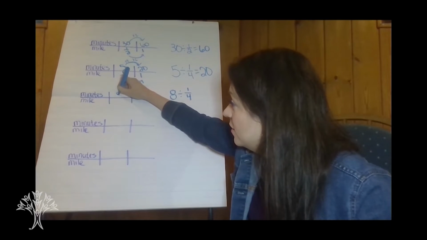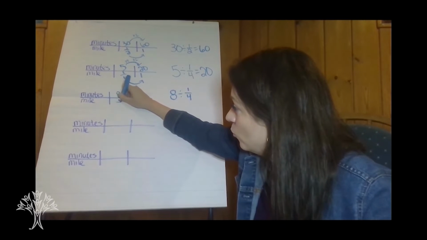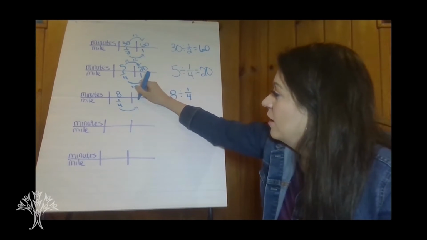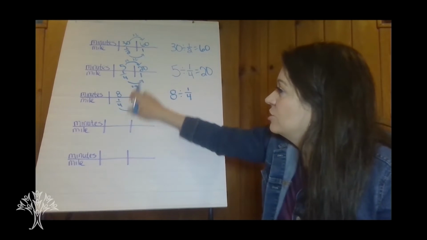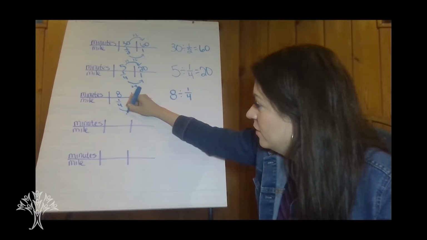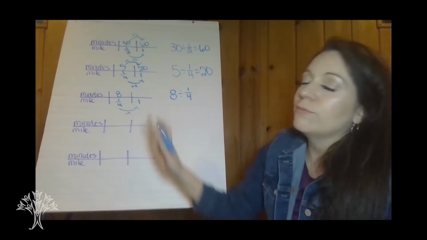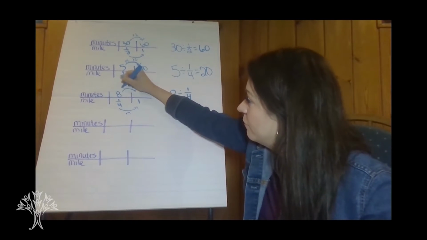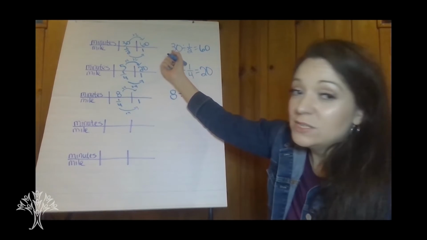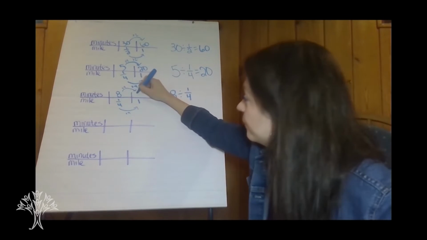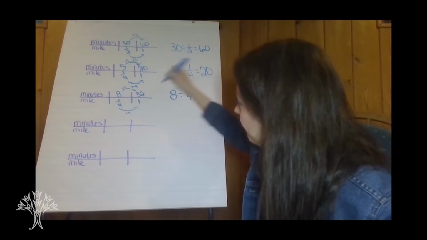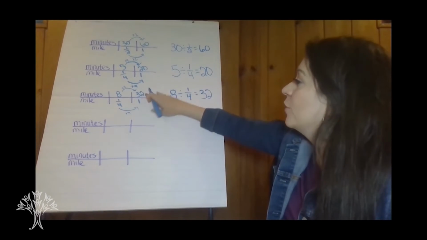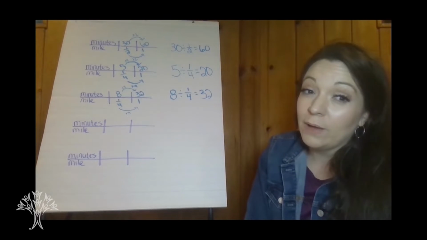Okay, 8 minutes for 1/4 of a mile. We want to know how long it would take for 1 mile. So just like this one, we had to multiply by 4. And to keep the rate even, we have to multiply the top by 4. 8 times 4, 32. So for this person, it would take them 32 minutes to walk the whole mile.